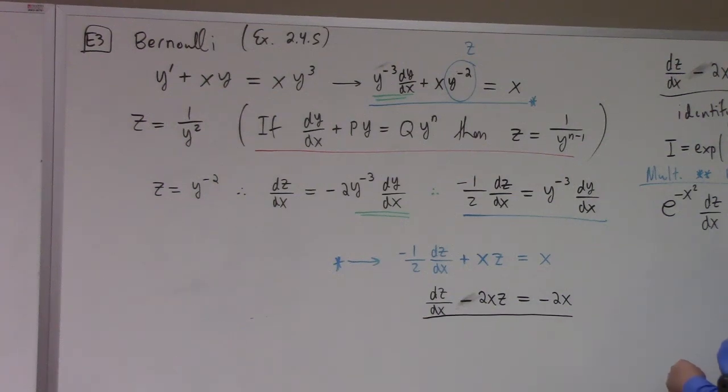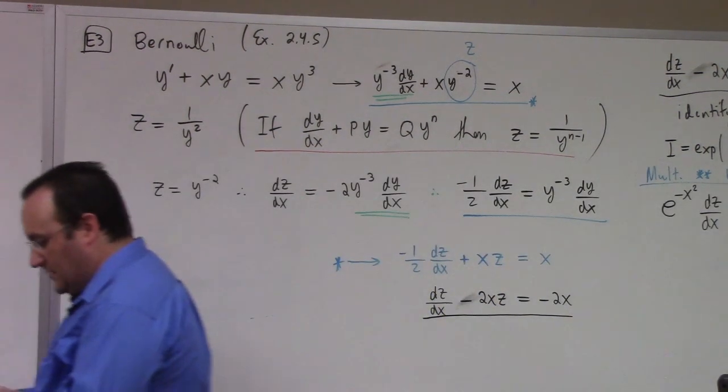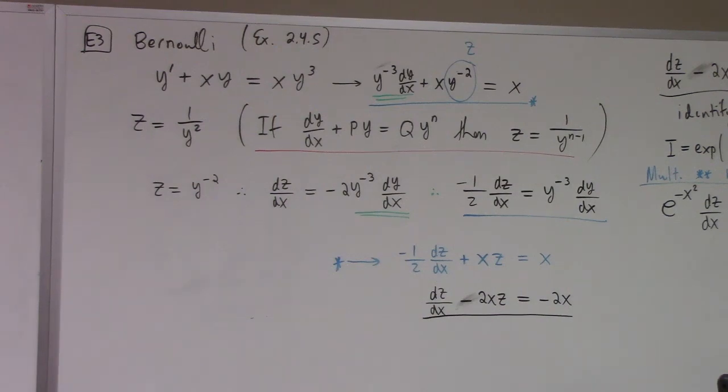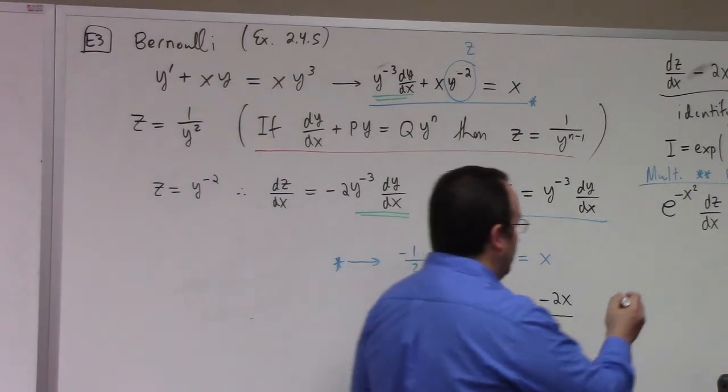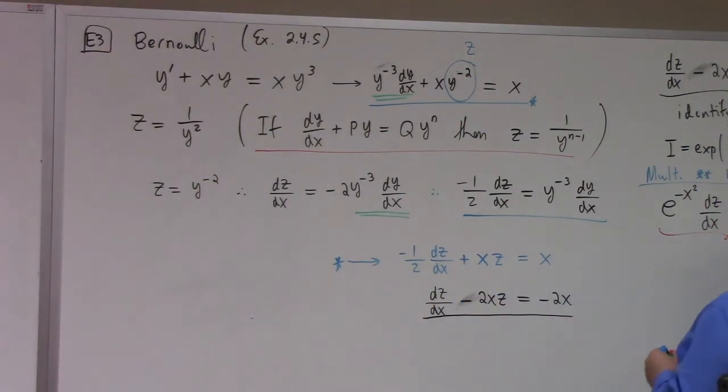Here's star star. Now, what did I tell you yesterday? If we do the integrating factor correctly, what has to happen? We have to be able to see a product rule in reverse. Can you see the product rule in reverse here? This is d/dx of what?